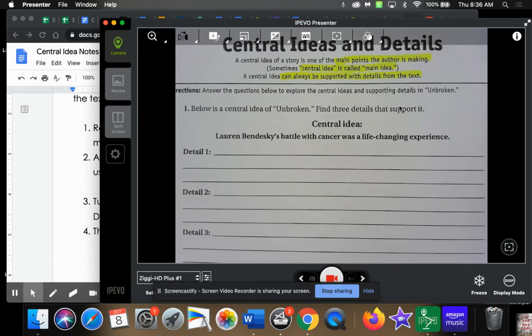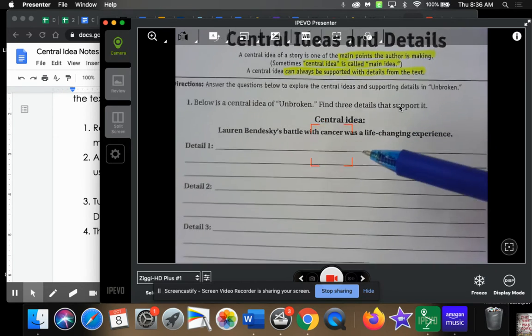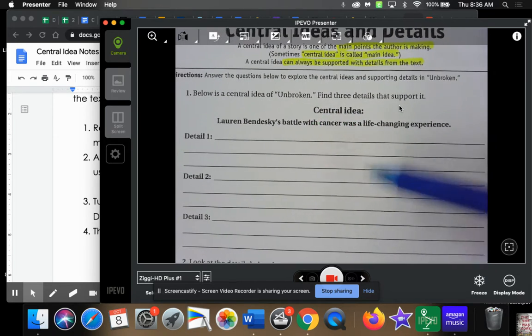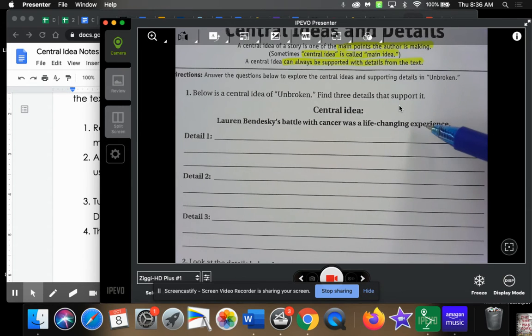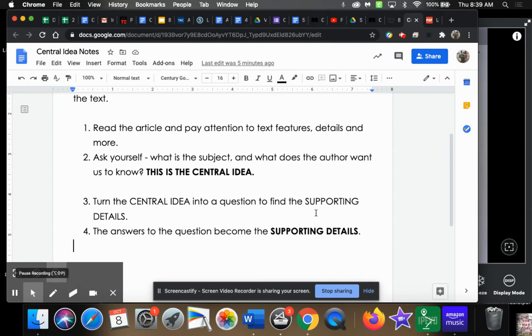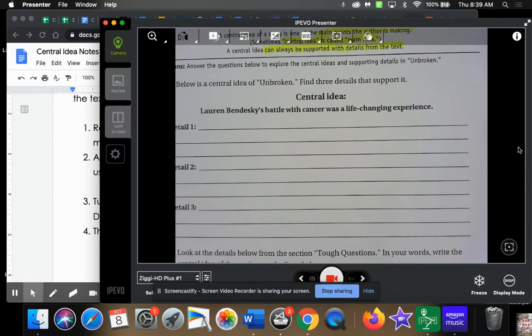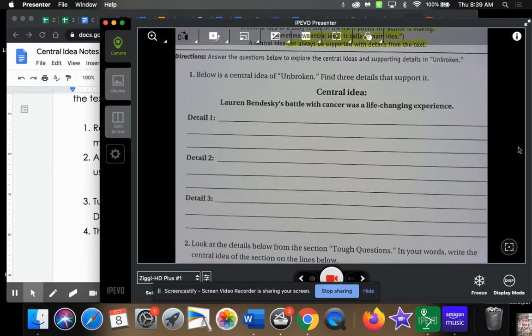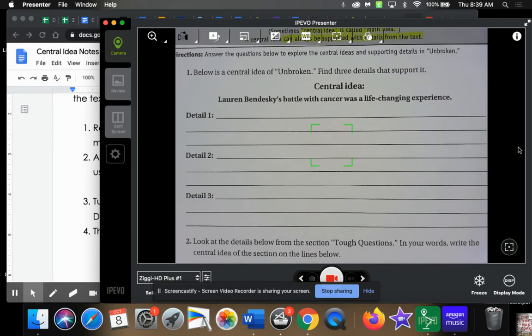We're going to try to fill up these 3 details. What 3 specific sentences can we use from the text that prove that her battle was a life-changing experience? Okay, so take a second and go try to find some of those. What pieces of evidence can we support that her battle was a life-changing experience? Yes, sir.